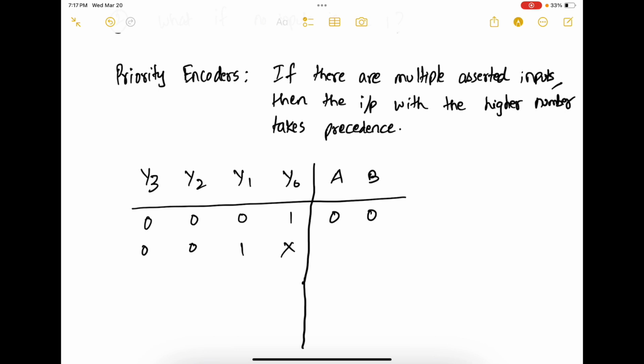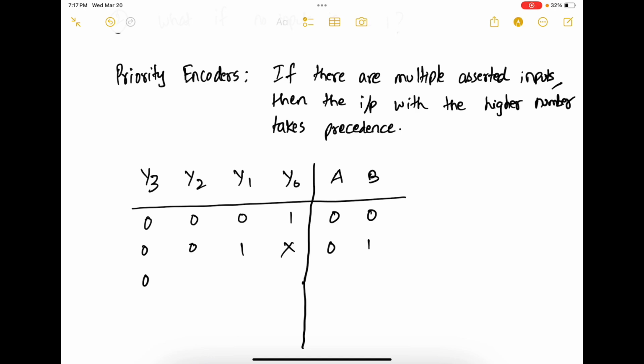Let's say it is don't care. Now since both the inputs can be 1 and 1, the input with a higher number takes precedence. Clearly, y1 is the higher number, therefore your output is going to be 0, 1. It doesn't really matter what y0 is, given that y1 is a 1.